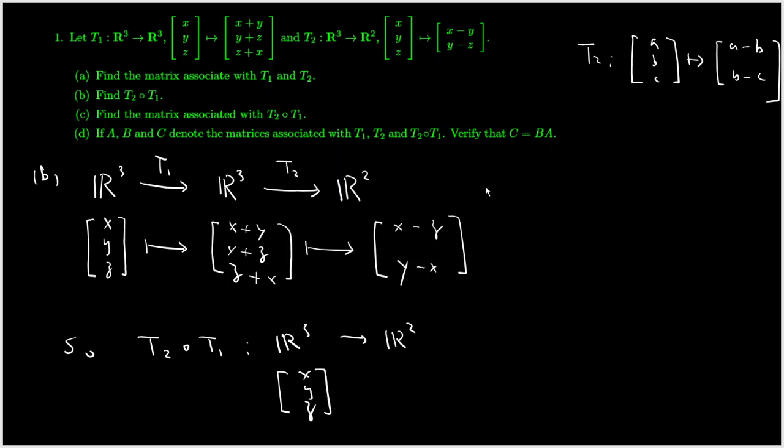For any vector in R3, it's mapped to a vector in R2. Now you look at the two ends of the chain. x, y, z under the composite is mapped to a vector in R2. The first component is x minus z, and then the second component is y minus x.